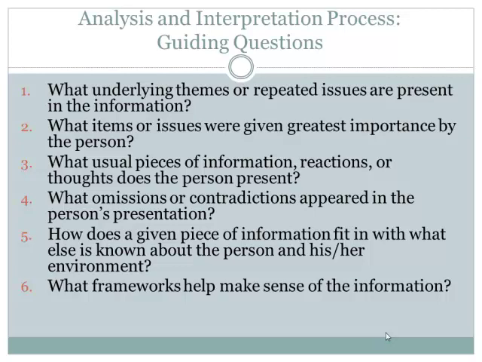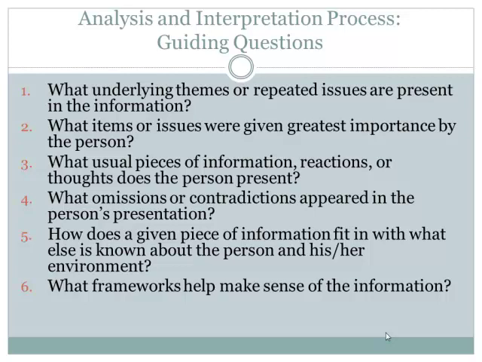You also have to decide what items or issues were given greatest importance by the person. What's most important? And number 3, what unusual pieces of information, reactions, or thoughts does the person present? Number 4, what omissions or contradictions appeared in the person's presentation?